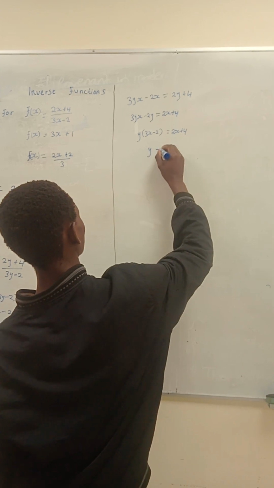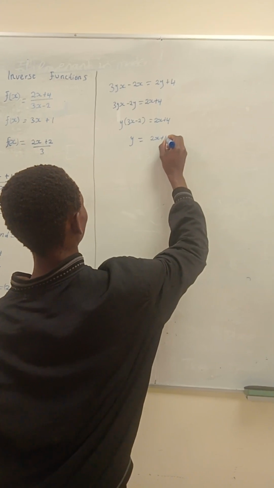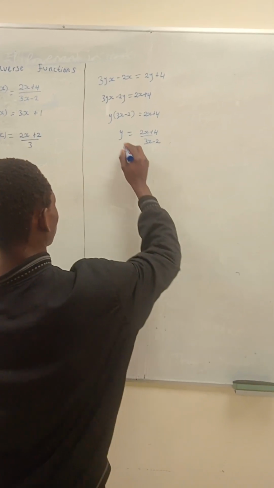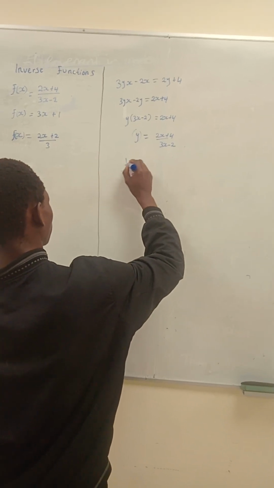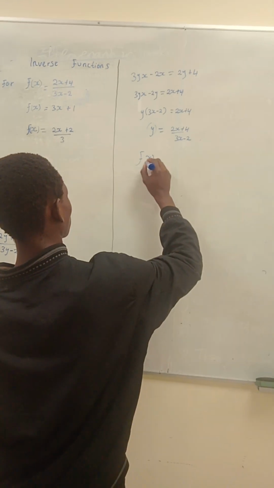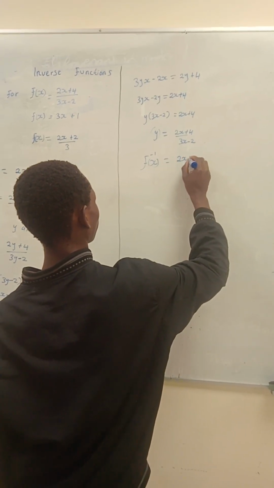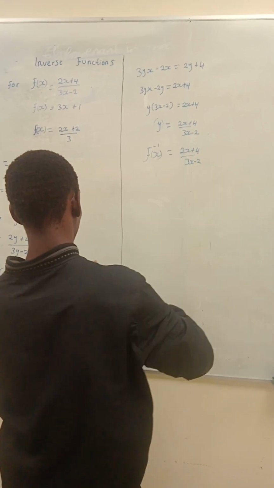So y will be given as 2x plus 4 over 3x minus 2. Since we have solved for y, we give it as the function which is the inverse, given as 2x plus 4 over 3x minus 2.